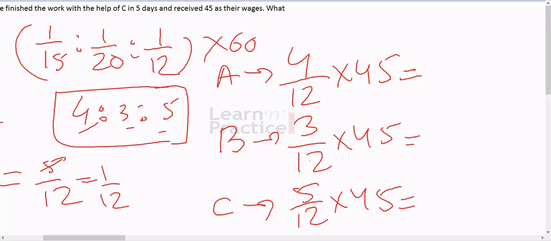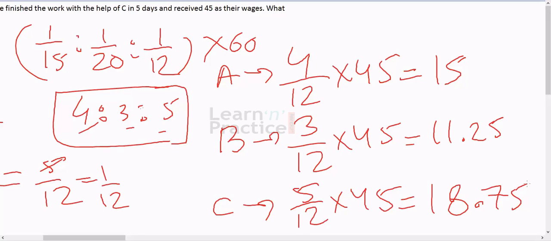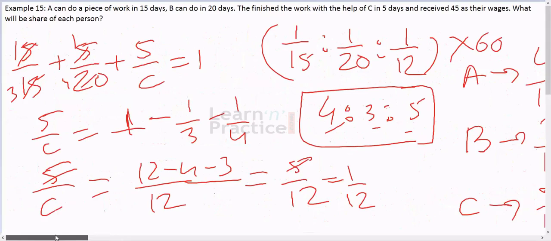Now if we solve this, we will get the answer from here. So this will be 15, this will be 11.25, and this will be 18.75. So now let's move to the next question, which is question number 16.